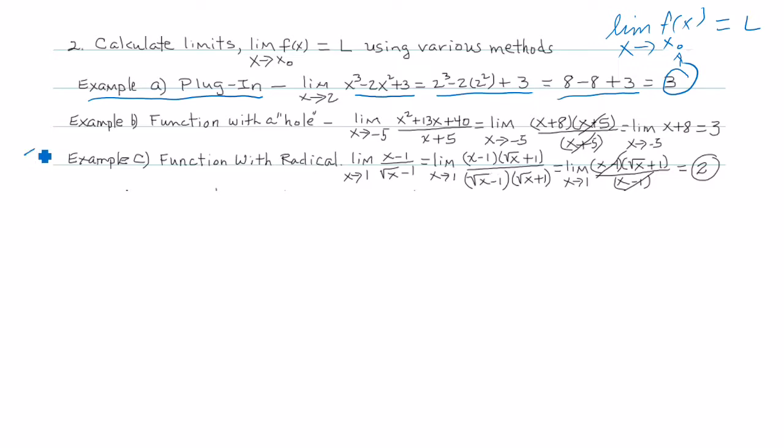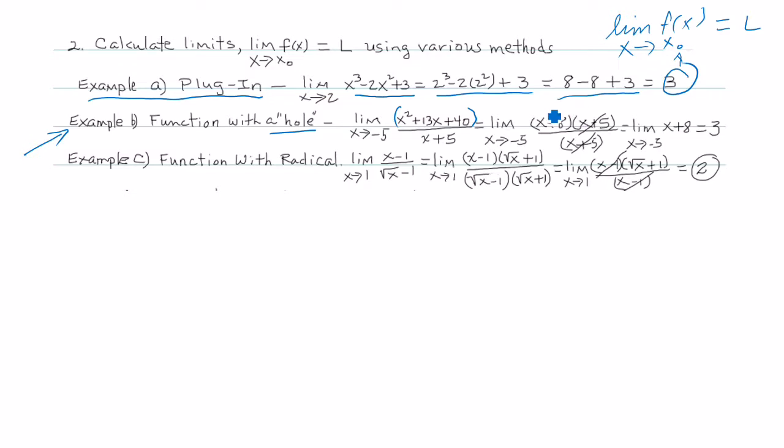Another example is when the function has like a hole in it. In other words, at the point minus 5, the point minus 5 is not on the graph. But if you take a look at the numerator, you might find that x plus 5 is a factor of the numerator also.